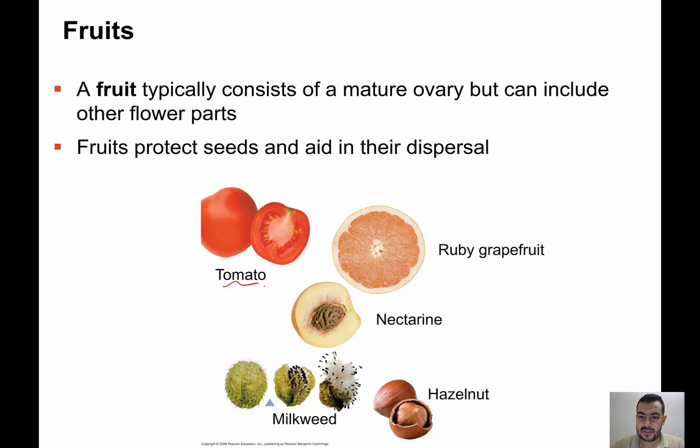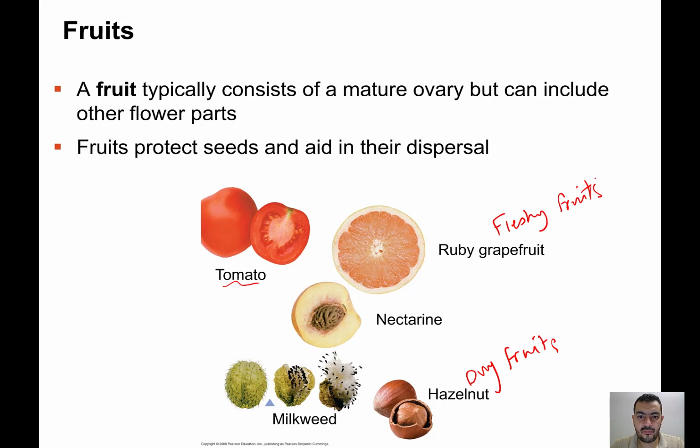They can be classified as dry fruits or fleshy fruits. They are rich in carbohydrates and nutrients, so they will attract animals, and the animals are going to eat these fruits and then move on.